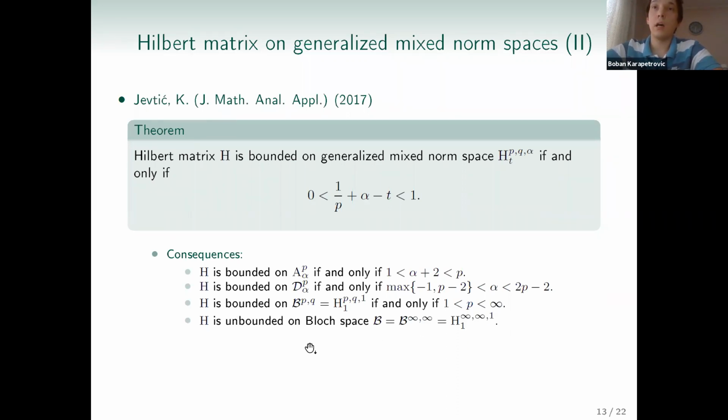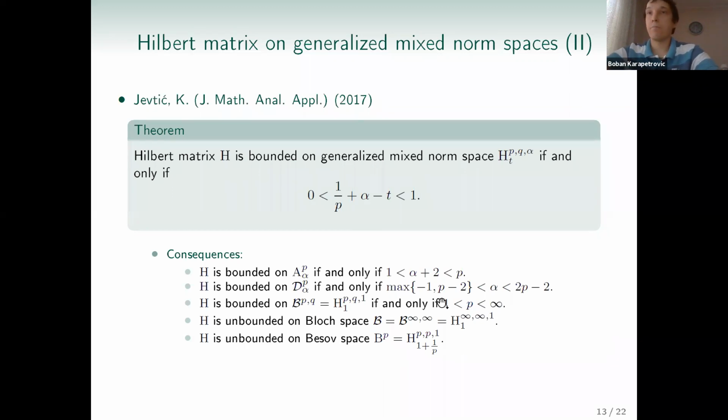Next, for the Bloch space B, this quantity is equal to 0. So the Hilbert matrix H is unbounded on the Bloch space, and for the Besov space B^P, the Hilbert matrix is again unbounded. So for the Besov space B^P, this quantity is equal to 0 again.